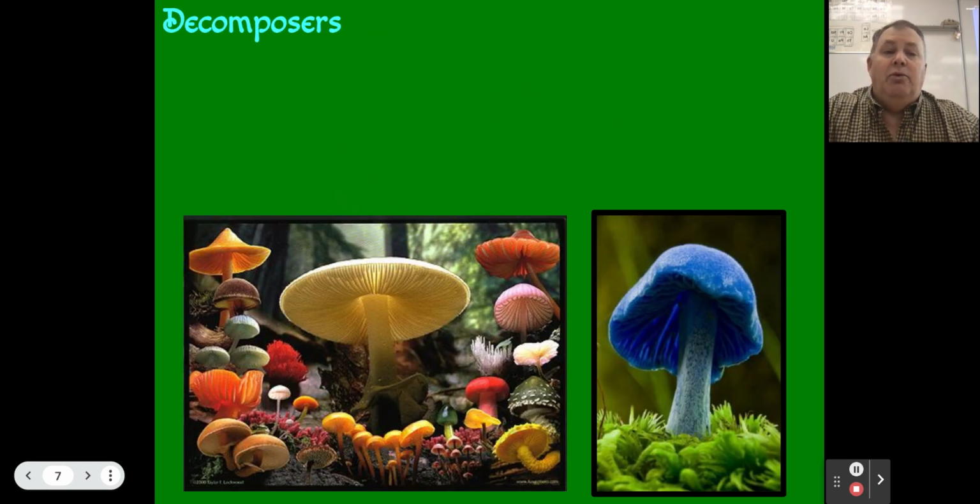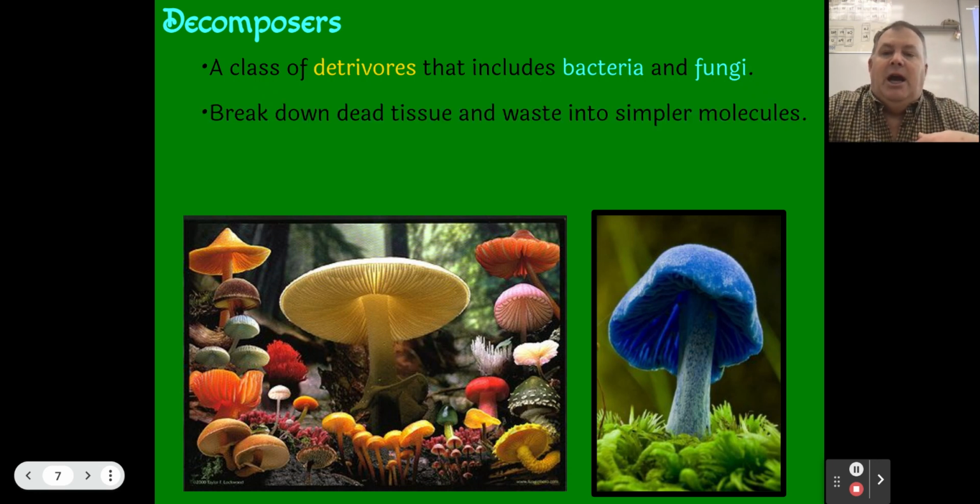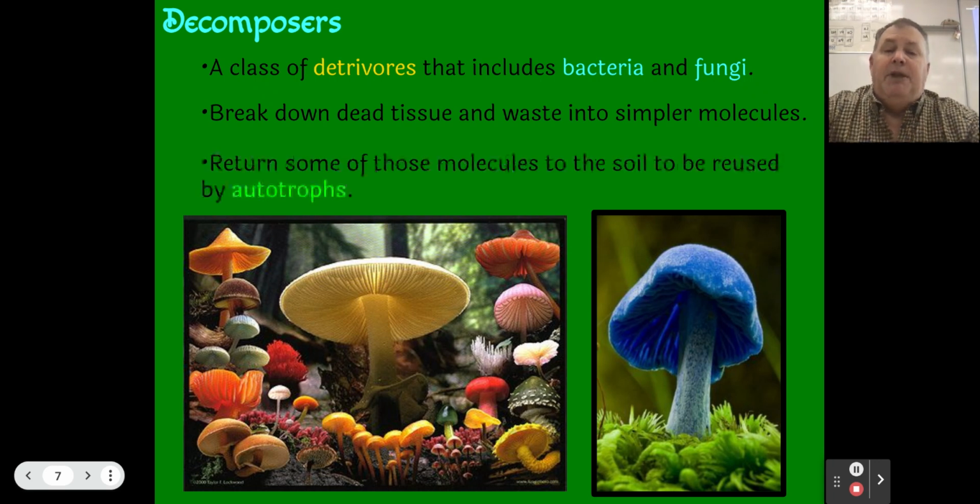And then we have these detritivores and then these decomposers. Now, the decomposers we oftentimes talk about are our fungi or bacteria. It's kind of a subclass of the detritivores, and they have the ability to break down tissues or living material into simpler molecules, the simple molecules of life, and return that back into the soil for the autotrophs to reutilize for their material needs as well.